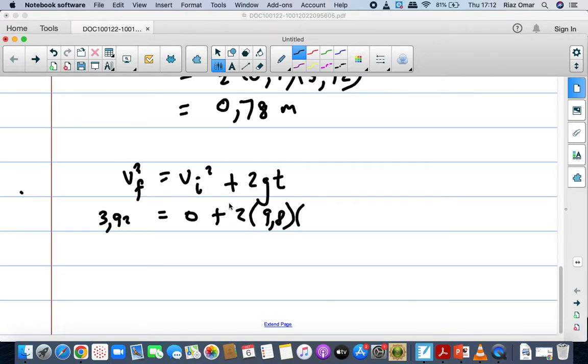Vf squared is Vi squared plus 2as, not g. This is not right. This is Vf squared equals Vi squared plus 2ay. Let's just fix that up. 2gy, and then you have to work out the displacement.